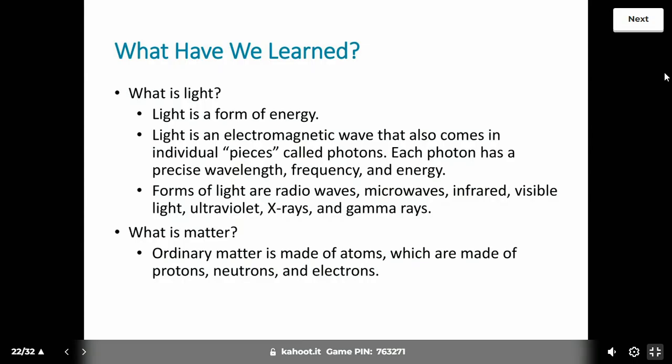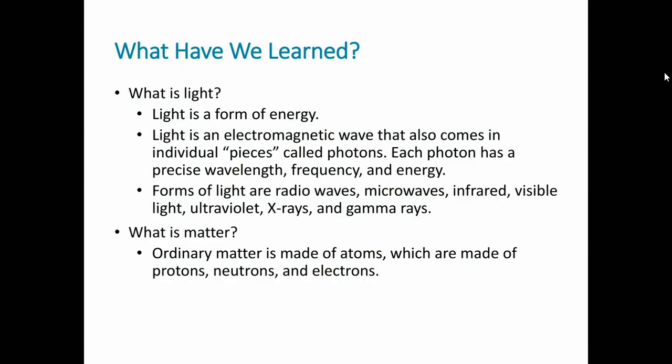So light is a form of energy. We can think of it as an electromagnetic wave, or we can think about it as a particle called a photon. And we talk about photons by talking about their wavelength, frequency, and energy.